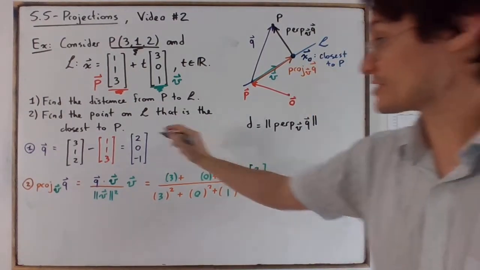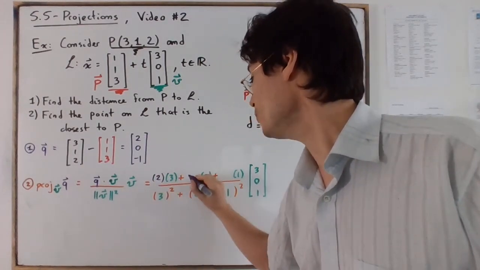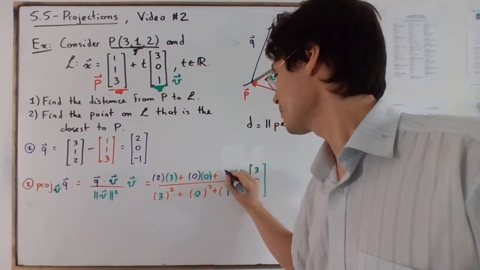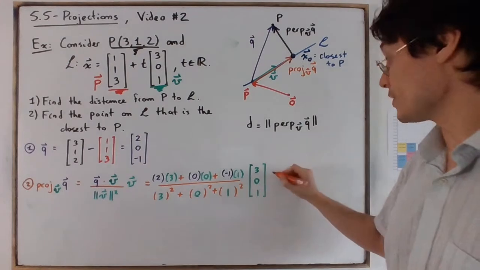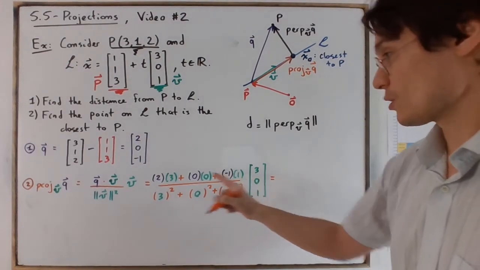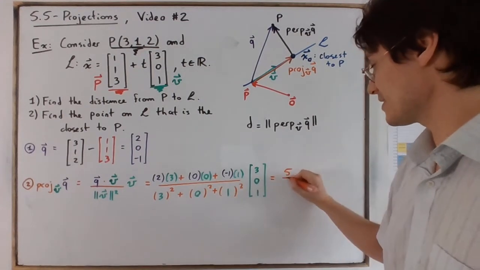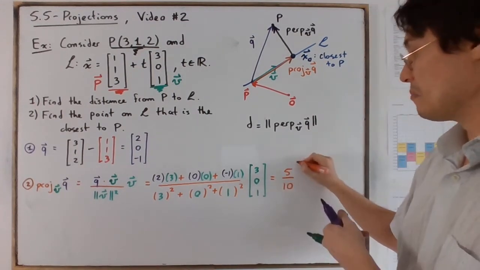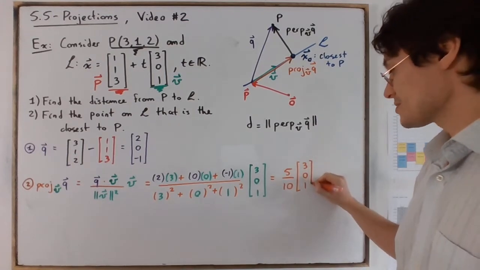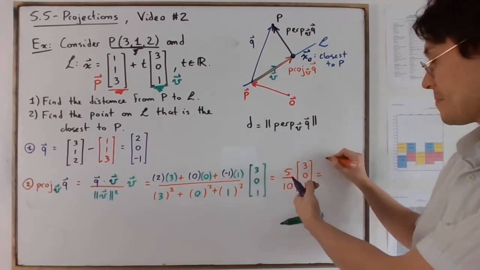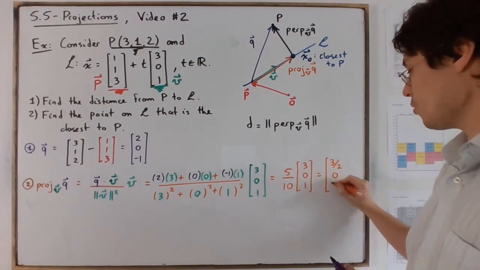And we put the components of the vector Q that we found in the preceding step: 2, 0, and -1. Okay, so from there we just compute, right? We're getting 6 minus 1, 5. This is going to give us 10, multiplied by the vector (3, 0, 1). So 5 over 10 is 1/2. So overall, what we're getting is (3/2, 0, 1/2).